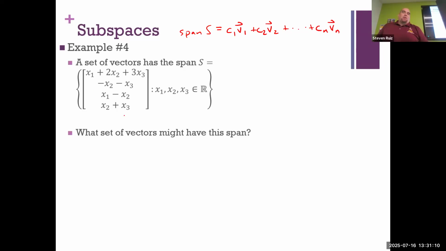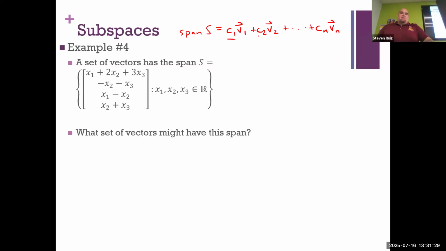The span that I have written for you here doesn't look anything like that. But could I rewrite what I have here as something that more resembles a linear combination of a few vectors? If so, how?